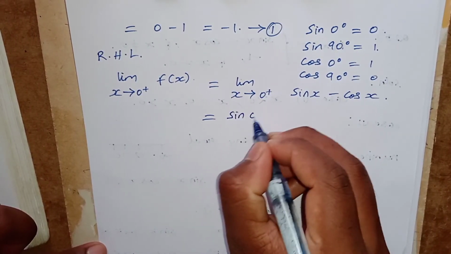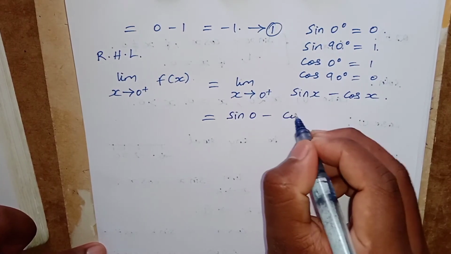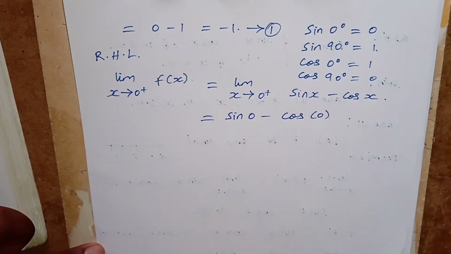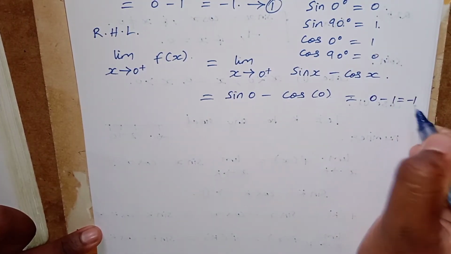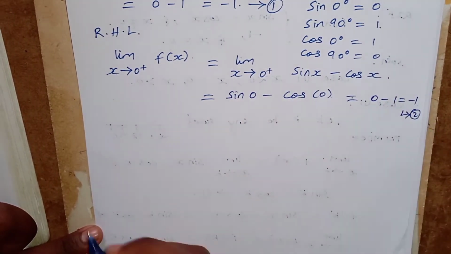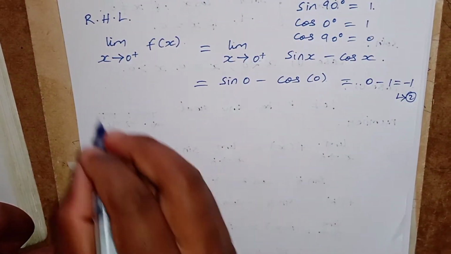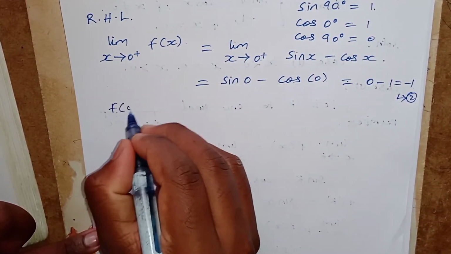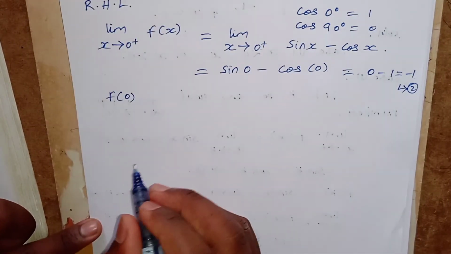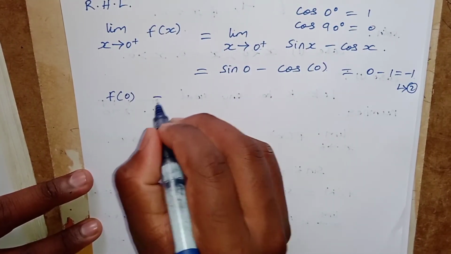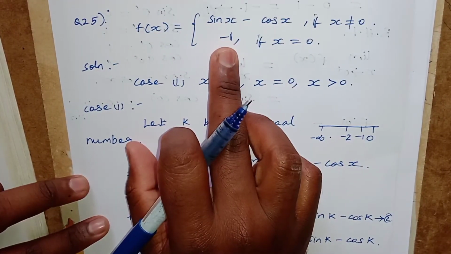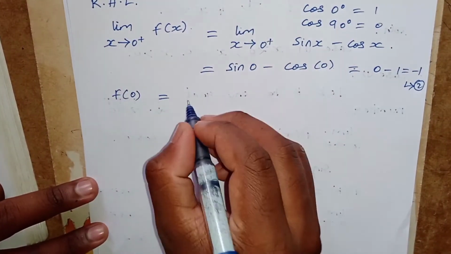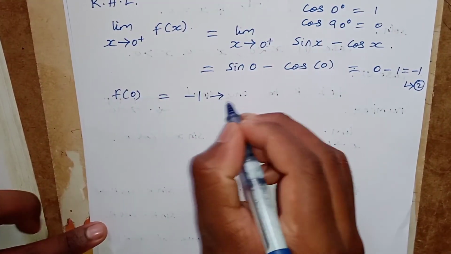Therefore sin 0 minus cos 0, which is 0 minus 1, therefore minus 1. This is equation 2. Next, f of 0 at the point. For x equal to 0, this is my function, therefore minus 1. This is equation number 3.